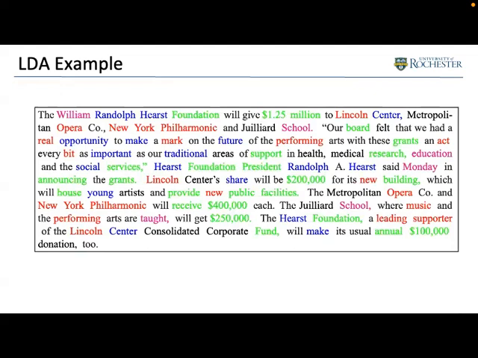The words with the same color will be estimated as the same topic from the LDA model. This is how the LDA model works on the documents.